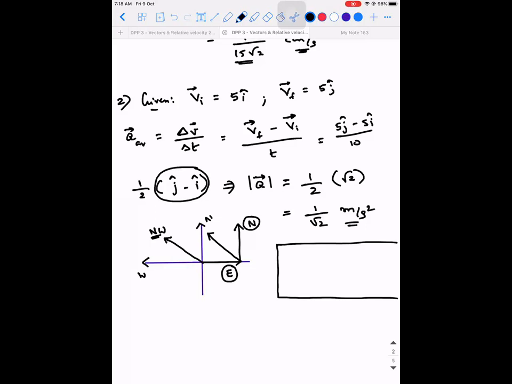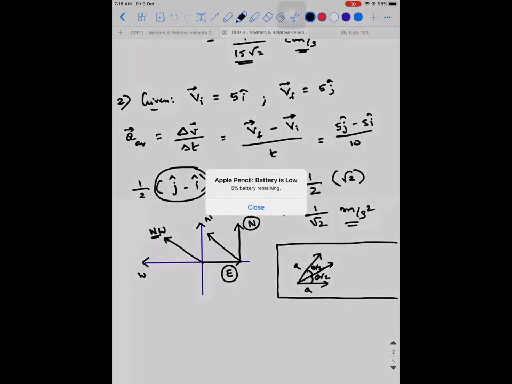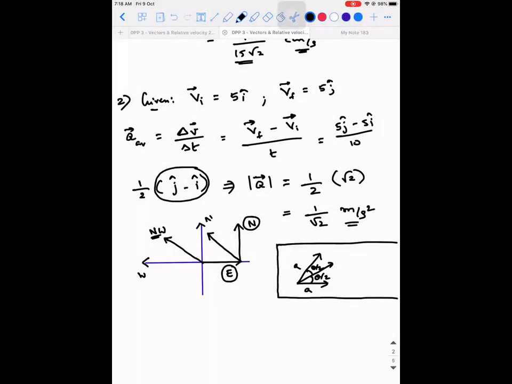I hope you remember it. When there are two vectors of equal magnitude, the resultant of that will be exactly an angular bisector. With the hope that it is clear, I'm proceeding to the next problem.